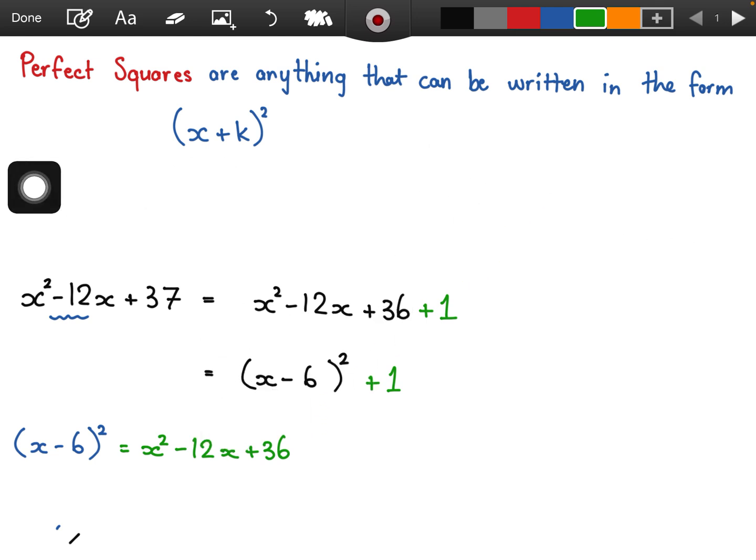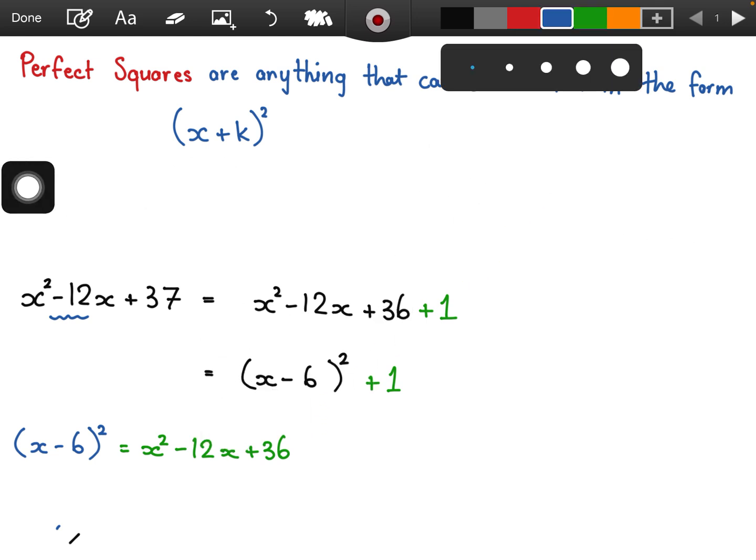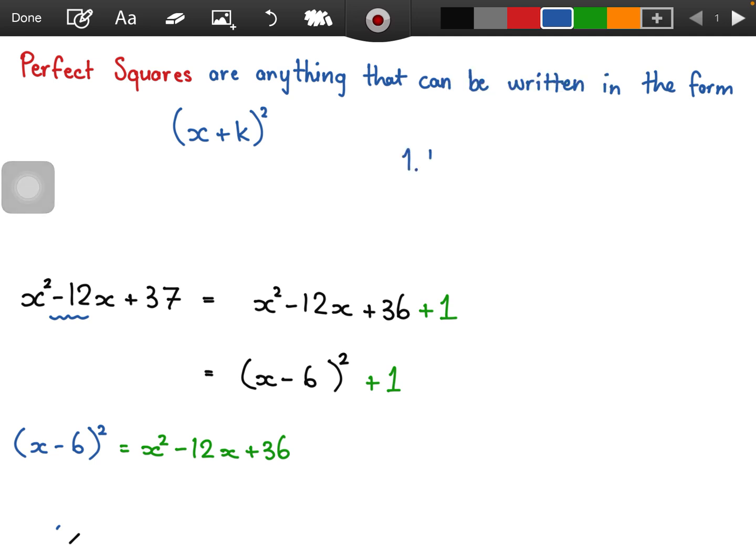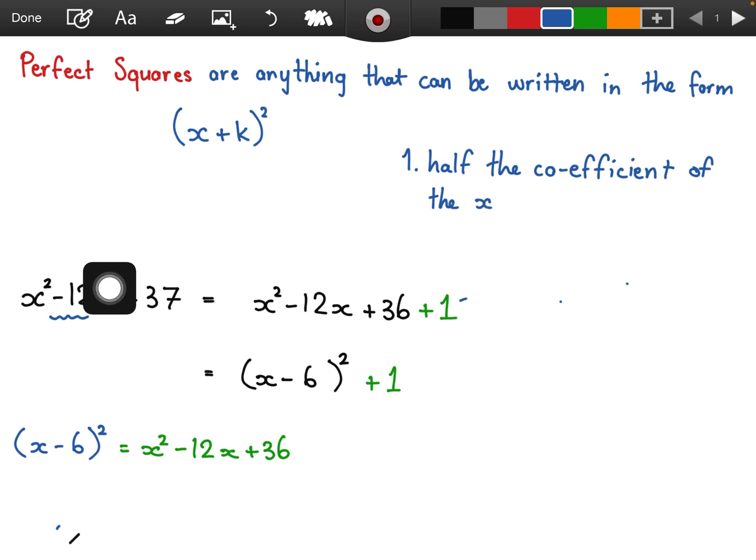So whatever the coefficient on the x is, we half it. So step 1, half the coefficient on the x. This is the case whenever it's a quadratic with the leading coefficient of 1.